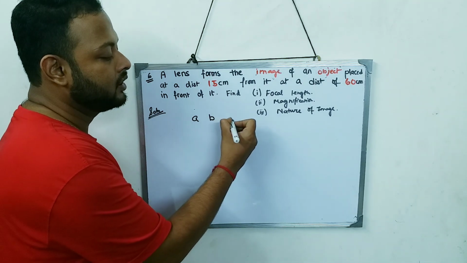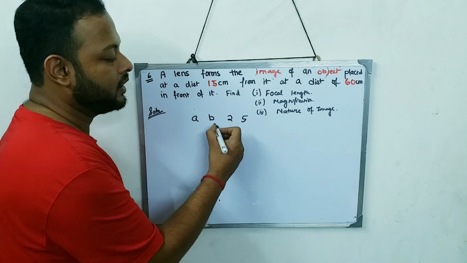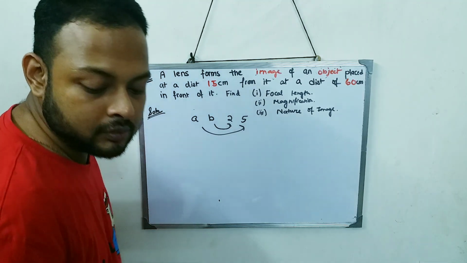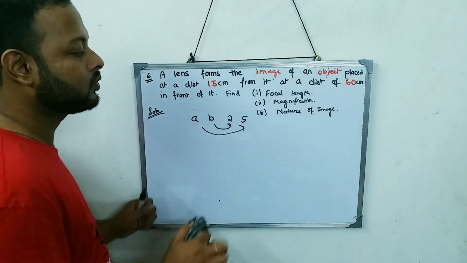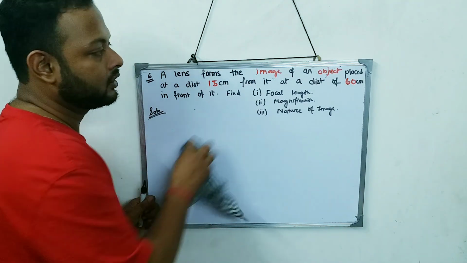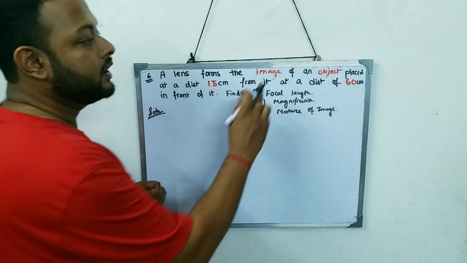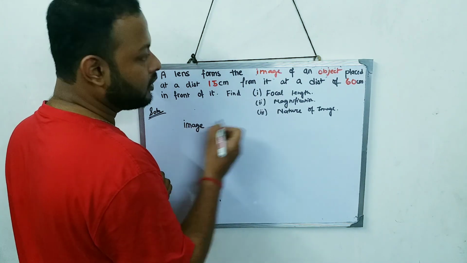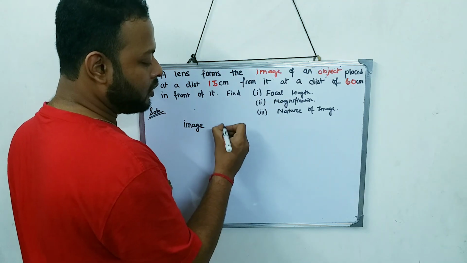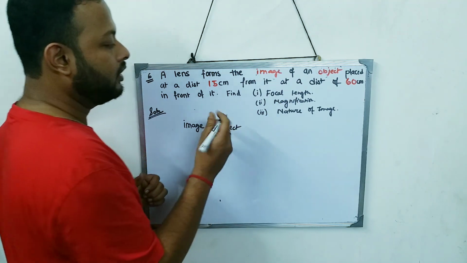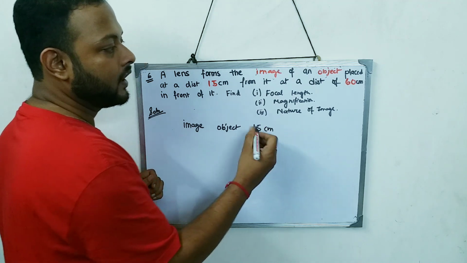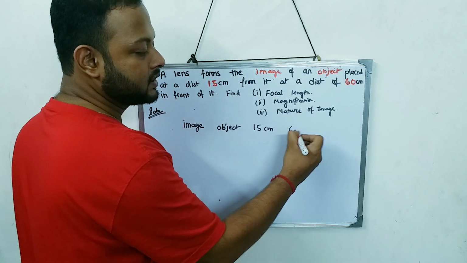A, B and 2 and 5. That means B is equal to 2 and A is equal to 5. Just use this small trick and you will get to know which value is what. So first write image of an object, then comes the object, then distance of 15 centimeter, and later on distance of 60 centimeter.